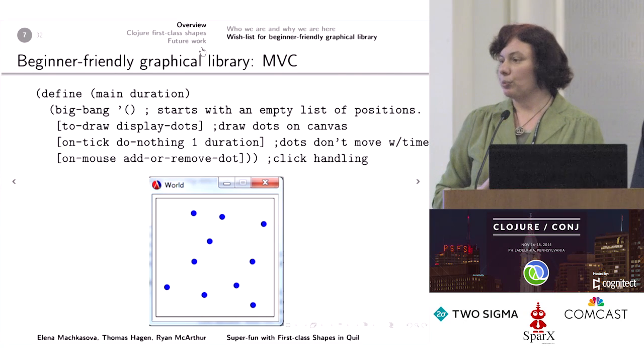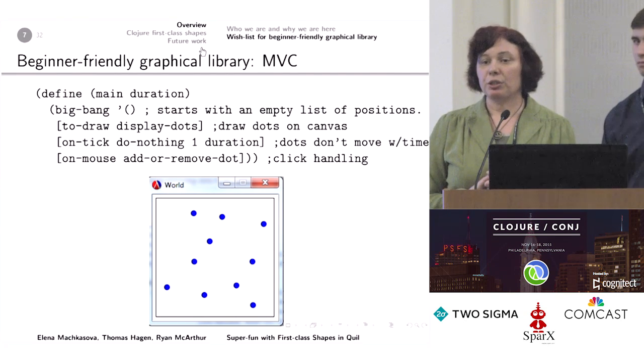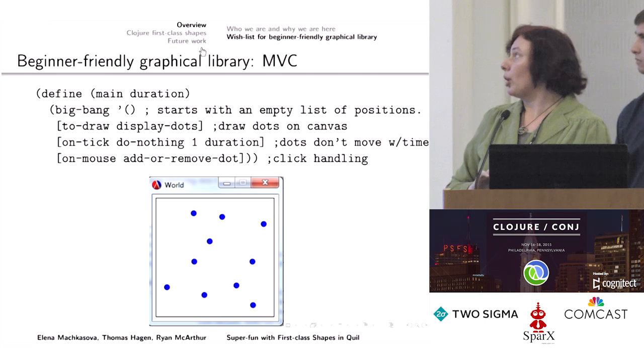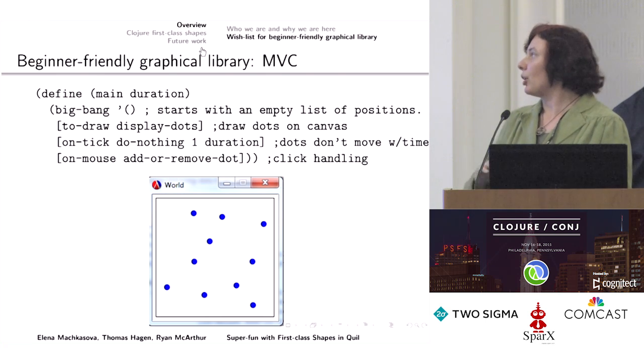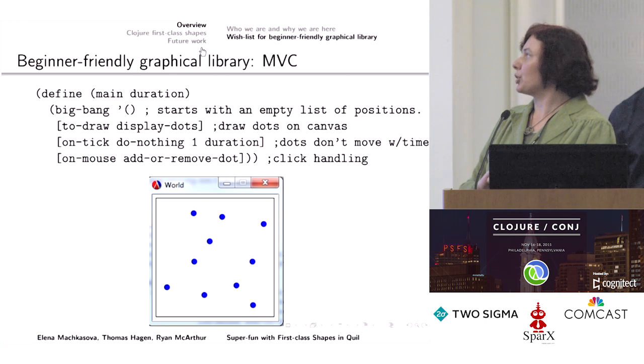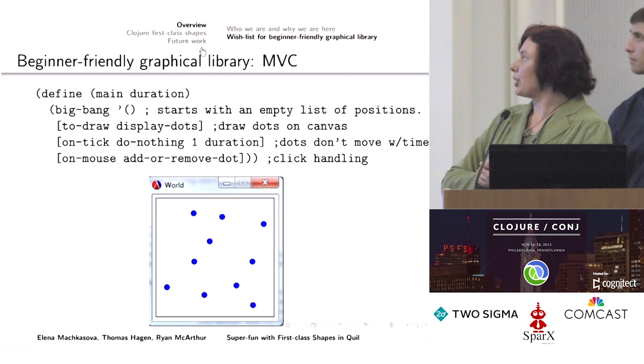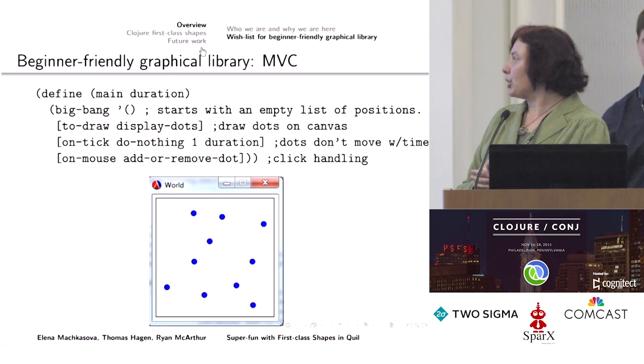And this is a little bit more about how this is done in Racket. So there is a Big Bang function that starts the world, and this is all a big macro where various things are defined. So in this example, we have a bunch of dots, and this is a clickable area.